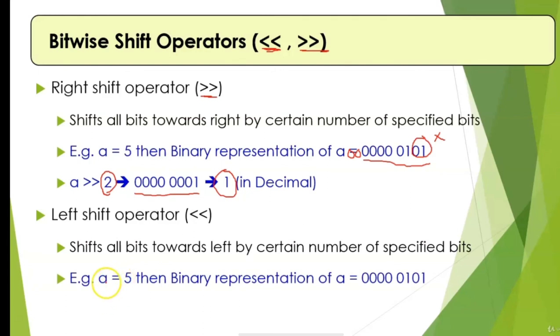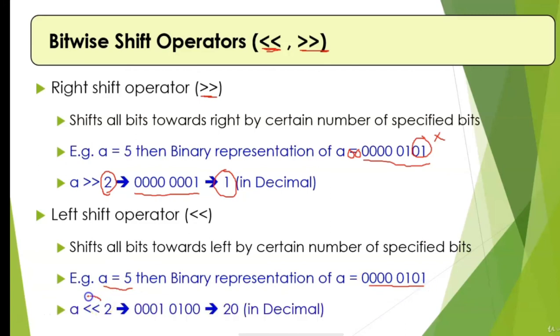Suppose again the value of A is 5, and here is the binary representation of A. If we perform left shift on A by 2 positions, then the leftmost 2 bits will go out of scope and be removed from the data, and we add 2 zeros on the rightmost part of the data, and that's how the total result will look. This is equivalent to 20 in the decimal system. So that is how the bitwise shift operators work.